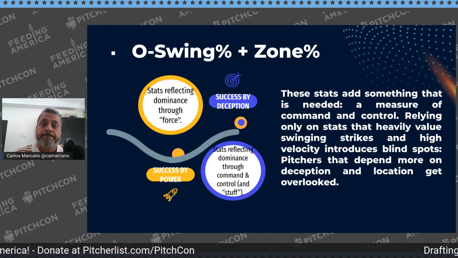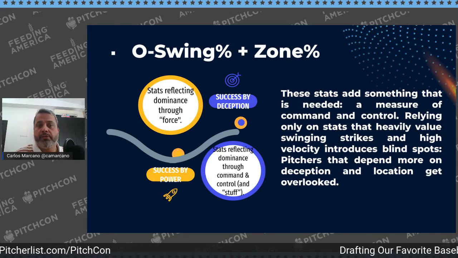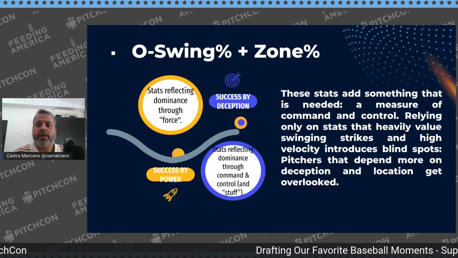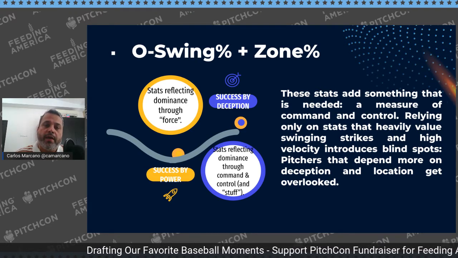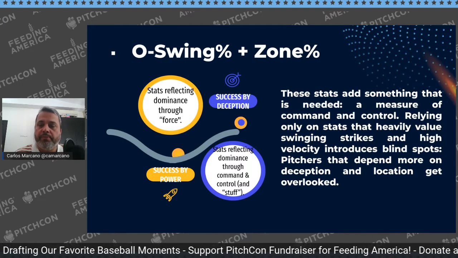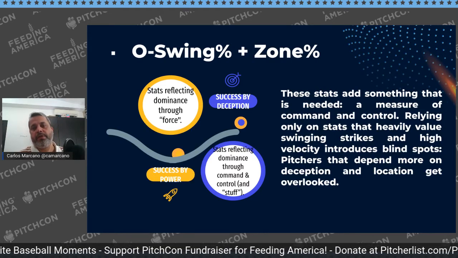O-Swing percentage, the outside of the zone swing percentage that a pitcher gets, and zone percentage, how often the pitcher is inside the zone with his throws.